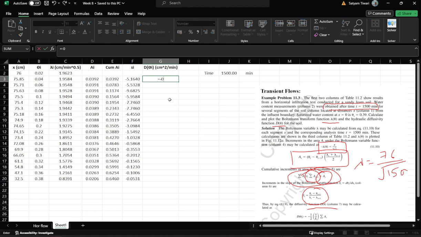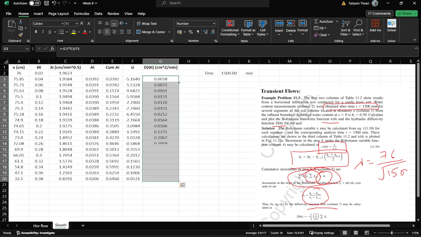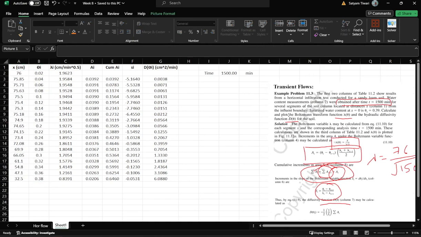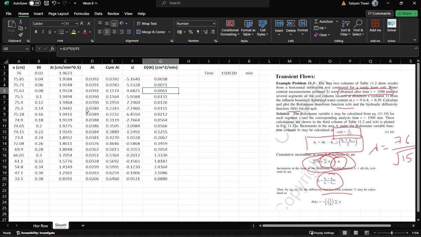That's going to be minus 0.5, and we'll multiply it with the summation of the cumulative area, and we'll divide it by the value of the slope SI. And with this, we can obtain the value of the diffusivity for all the values of x and theta I, right? So you can try it till here and let me know if there are any issues with this one.